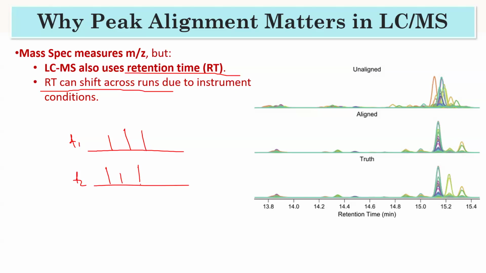Sometimes these two peaks were similar, but they have shifted, because they came at t1 also and t2 also. So we should do peak alignment. We don't need to do it manually, there is software, as I have shown here.